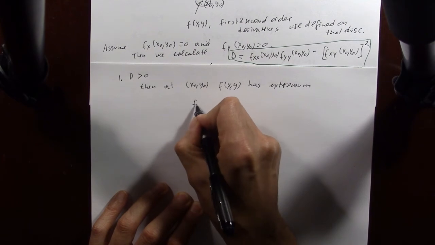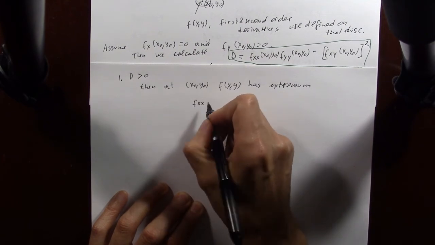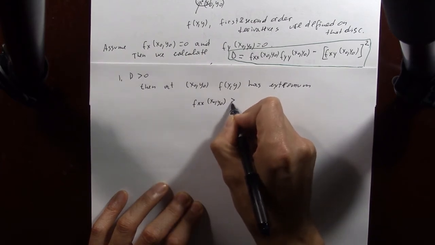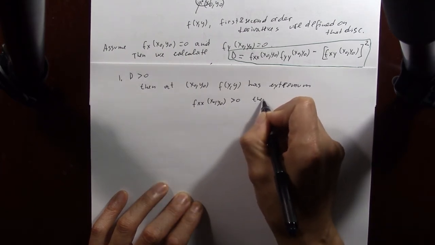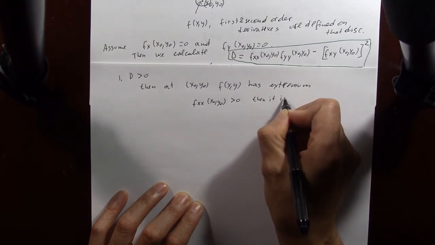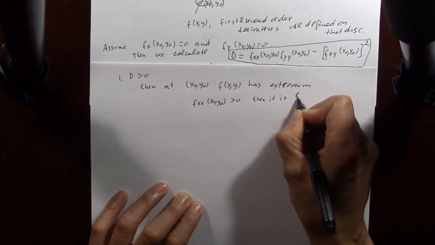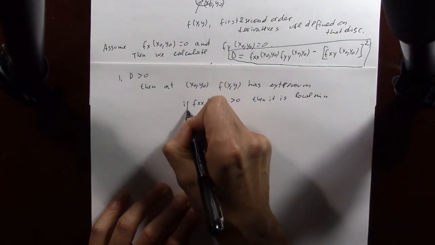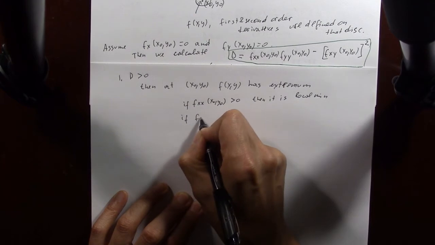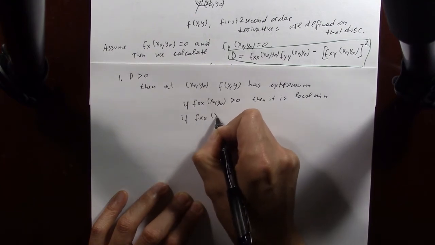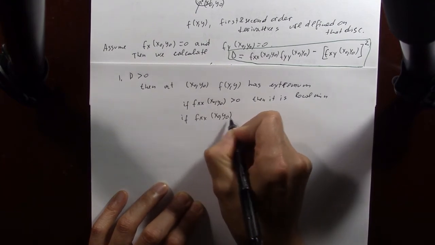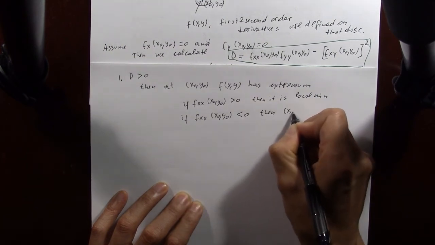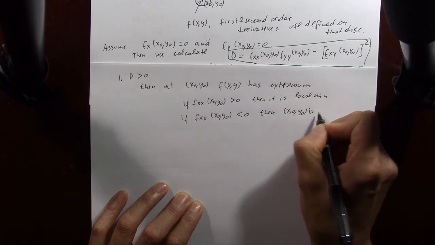Particularly, if the second derivative with respect to x at the point is bigger than 0, then it is a local min. If the second derivative with respect to x at x0, y0 is less than 0, then x0, y0 is a local max.